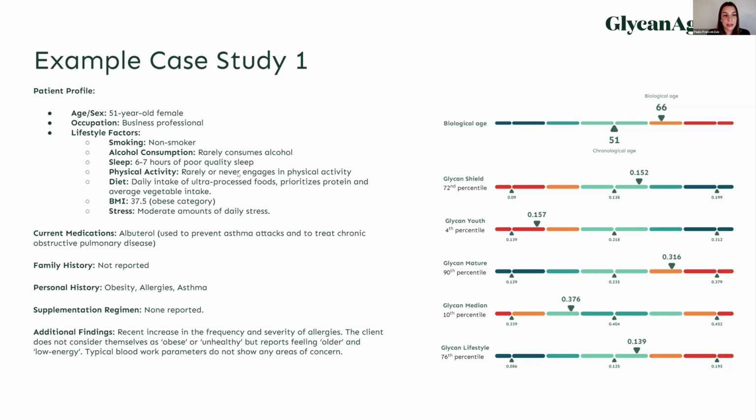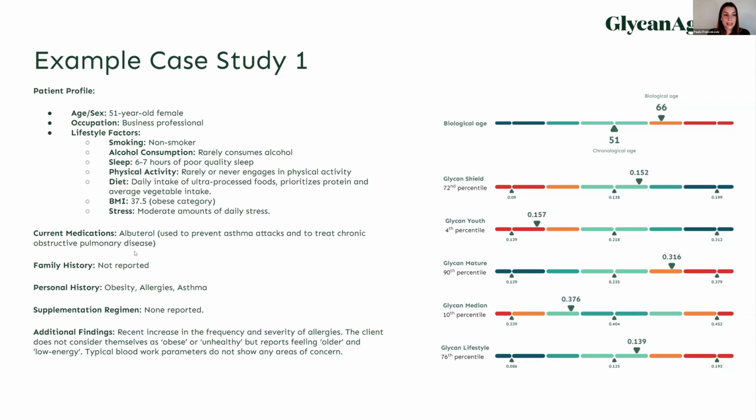Then we see that this client rarely or never engages in physical activity and has a high intake of ultra-processed foods, although she prioritizes protein and has an average vegetable intake. She has a BMI of 37.5, so she is in the obese category, and reports a moderate amount of daily stress.